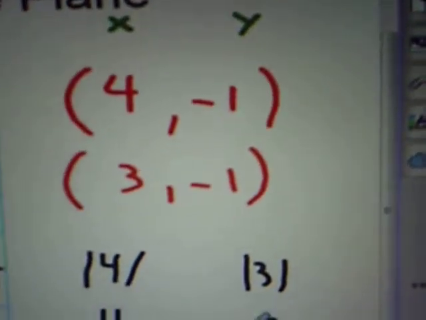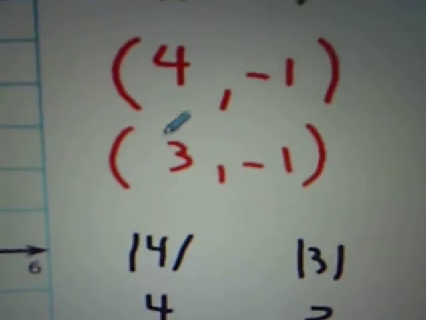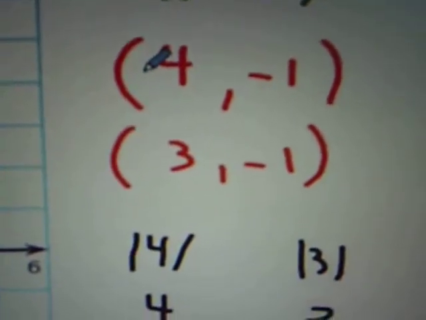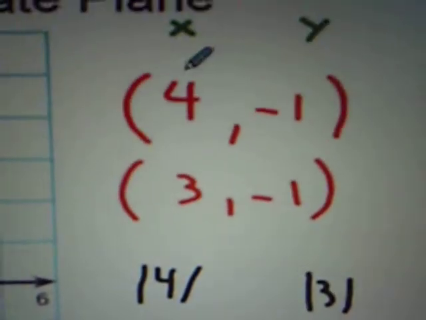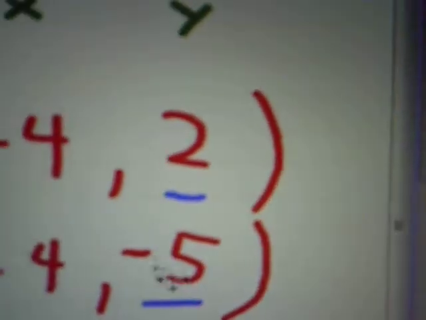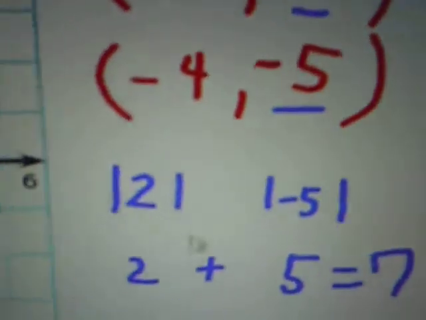And then I look back at the points that I used. They are both the same sign, both positive numbers. If they're both positive or both negative, you subtract the absolute values. But if, like the first example, and I'm flashing back here, you have a negative and a positive, that's when you add.